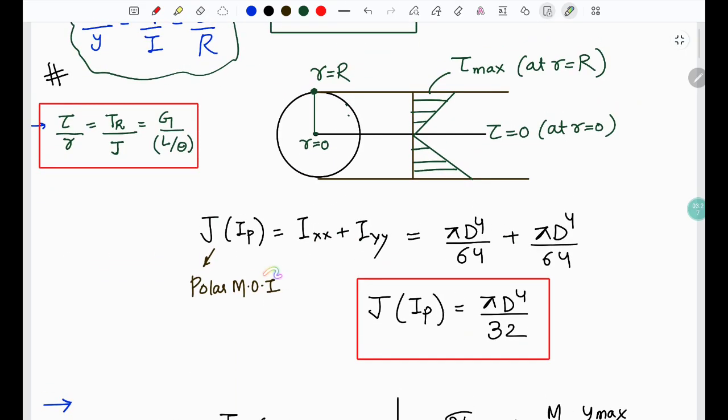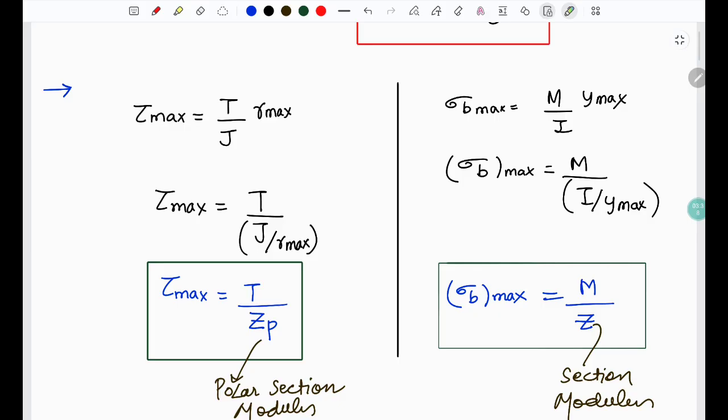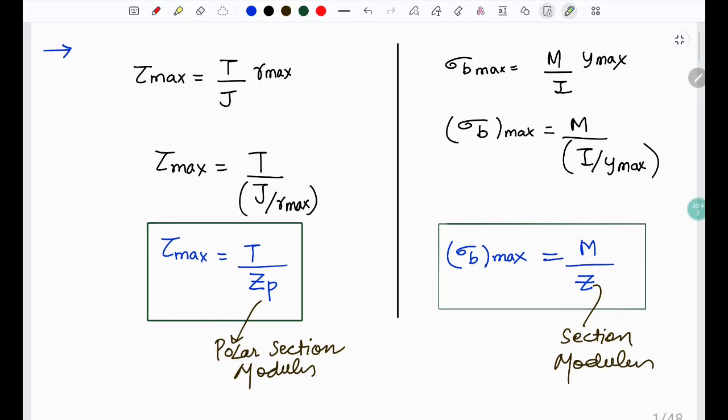So here is the polar moment of inertia. It is calculated as Ixx plus Iyy, and this comes out to be pi d4 by 32. Similarly, we have a comparison of the maximum shear stress in case of the torsion and maximum bending stress in case of the pure bending. In here we have torque by Zp, which is polar section modulus.